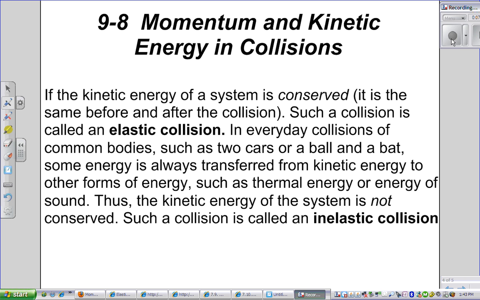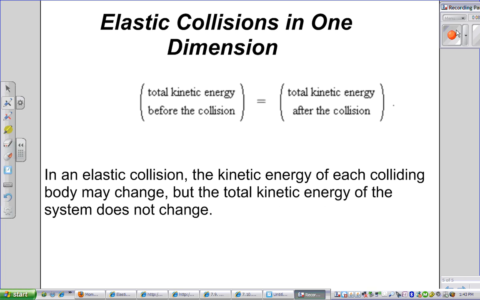A perfectly inelastic collision is a collision where the two objects stick together. So you have three types: elastic collisions, where both momentum and kinetic energy are conserved; inelastic collisions, where only momentum is conserved; and perfectly inelastic collisions, where momentum is conserved and the two objects stick together.